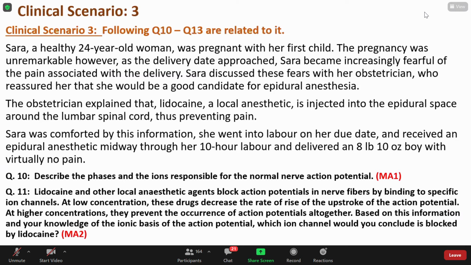Yes, go ahead. Does hypo or hyperkalemia cause muscle weakness? The muscle weakness is happening because there is no ion exchange. Both sodium and calcium ion channels are affected, and there is mutation there.